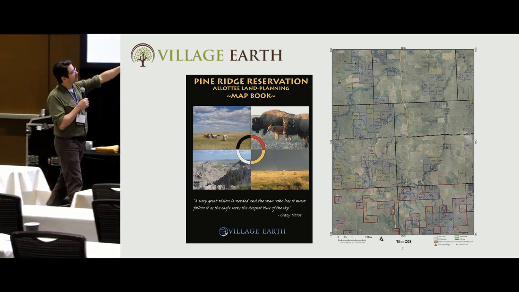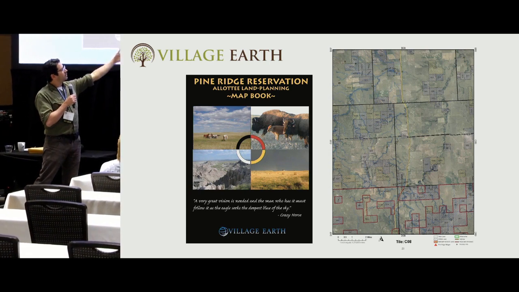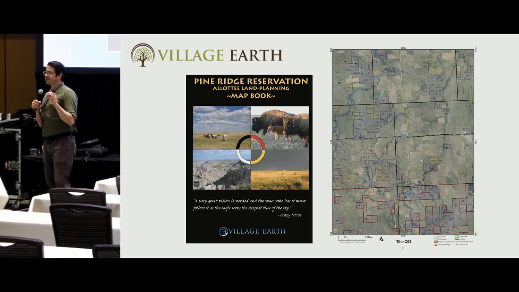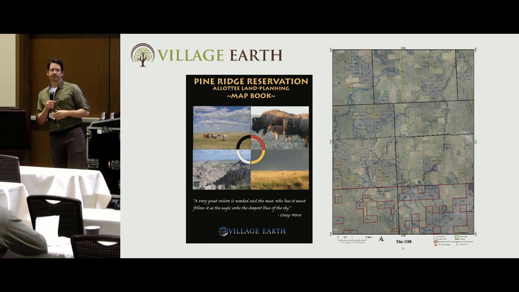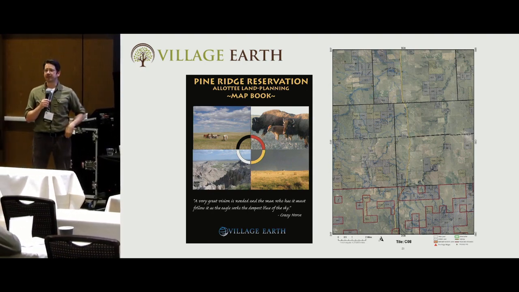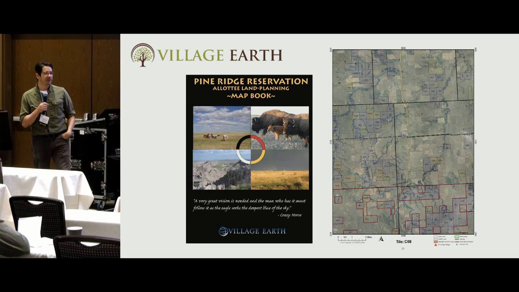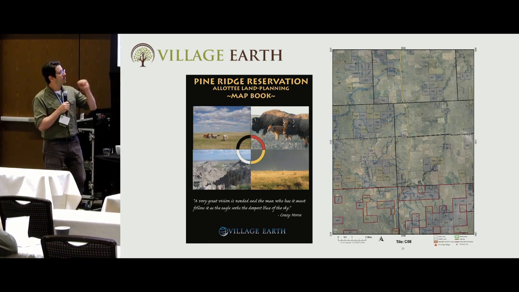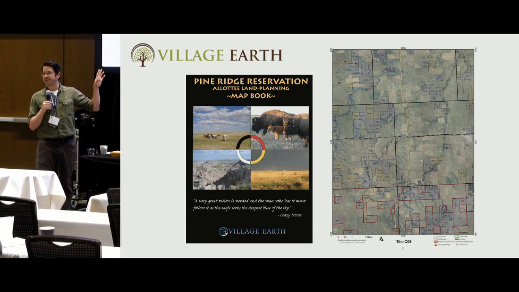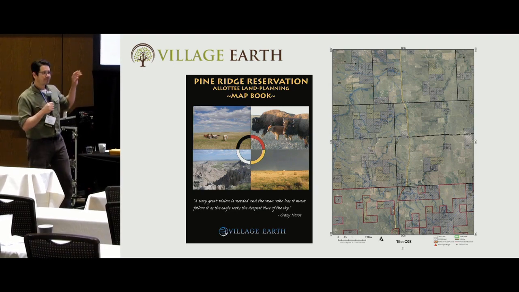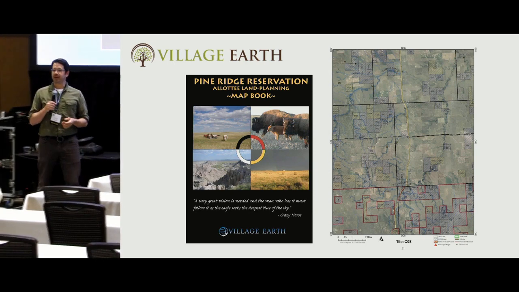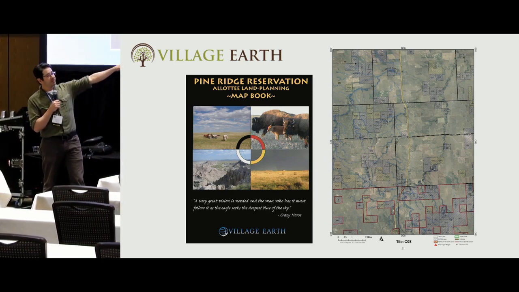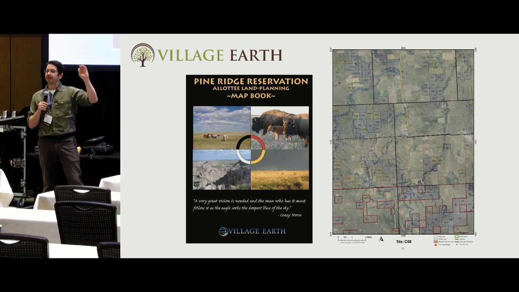Just in here we had aerial photos, and you could at least get some initial idea of where it's located and whether it is being used for farming. Is it within a range unit? But the map book has a lot of limitations. We're all familiar with Google Maps or MapQuest, where you can go to a location and you can zoom in and out and you can really see detail about what's going on there.